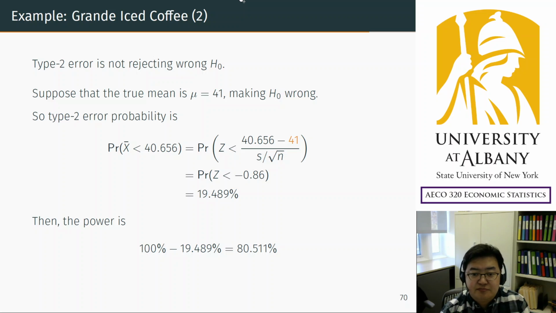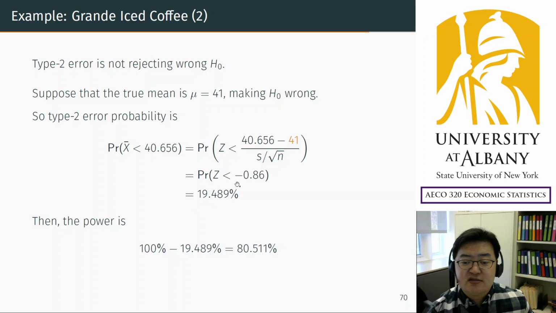So it looks okay, you don't reject, but that was an error. To calculate this probability, standardize it, use 41 as the mean, and then we know what these numbers are. In the end, you will get minus 0.86. So the probability is 19 point something percent.